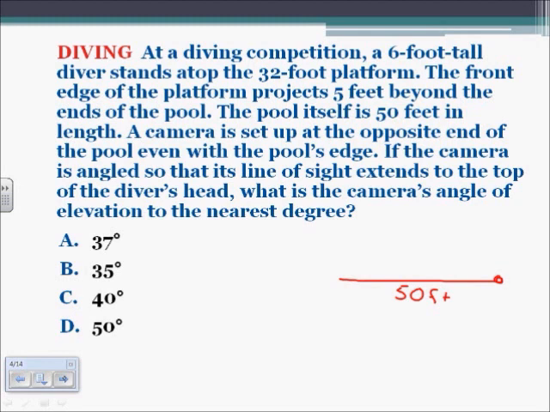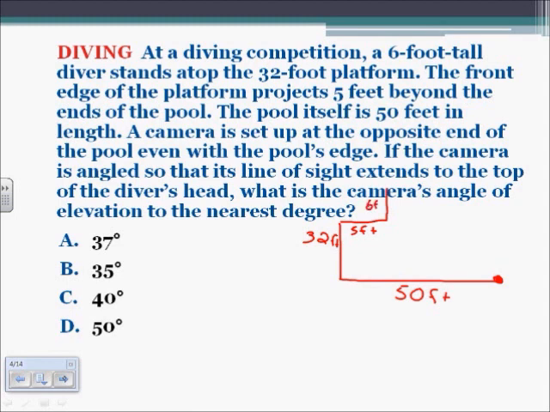There's a camera at one end. There is a platform, and the platform is 32 feet high. There is a diving platform that sticks out from that platform 5 feet, and the diver itself is 6 feet.